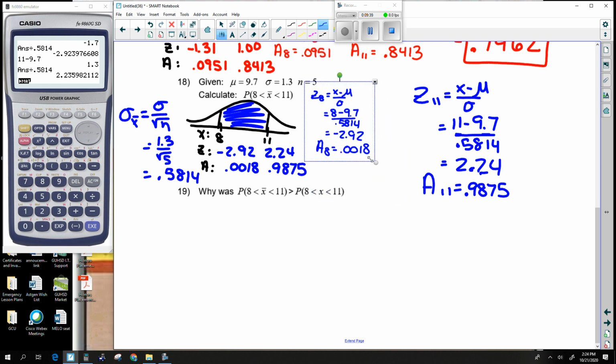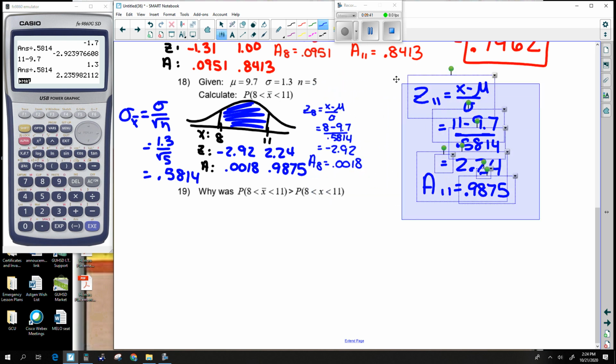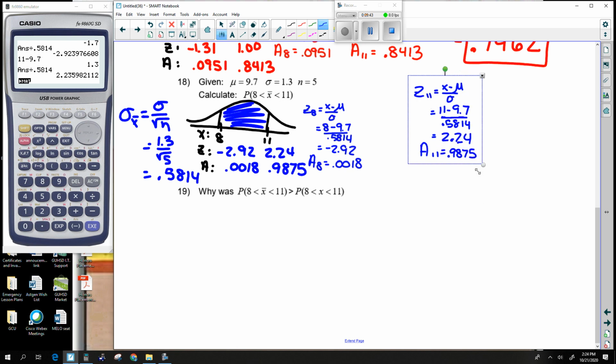Now to find the probability, aka the area between the two things, I have to take the big area minus the small area.